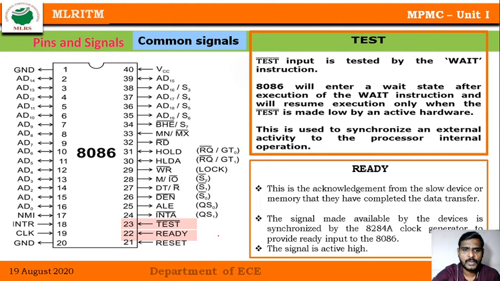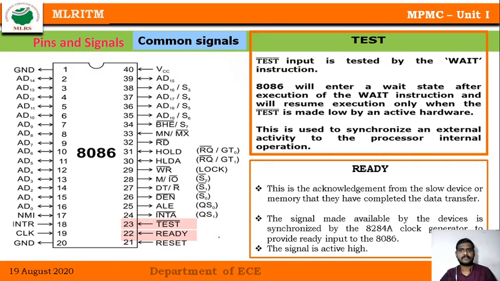Then one more signal is pin number 22, which is the READY signal. This is an acknowledgement from slow devices or memory that they have completed that particular data transmission.